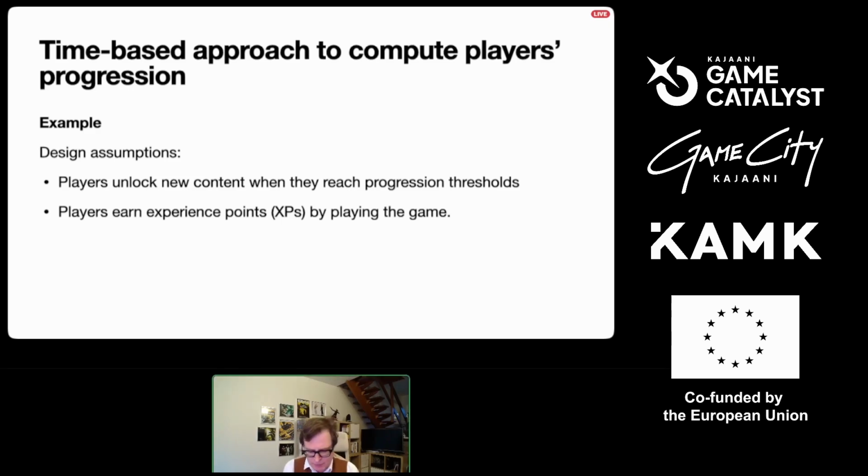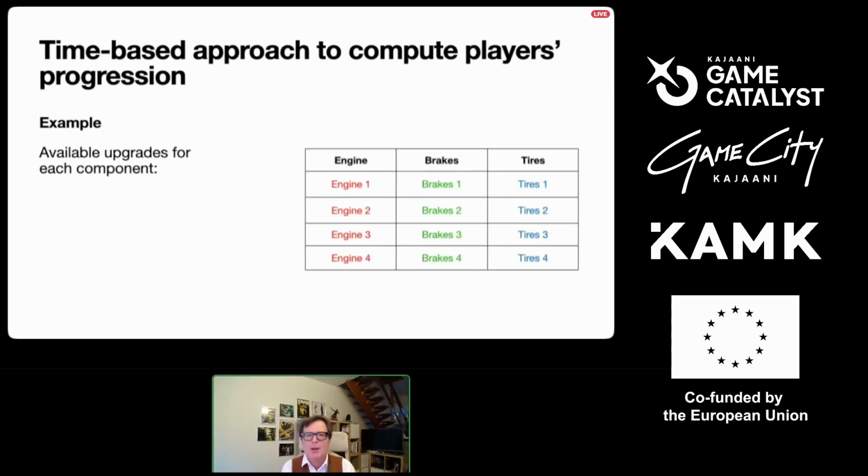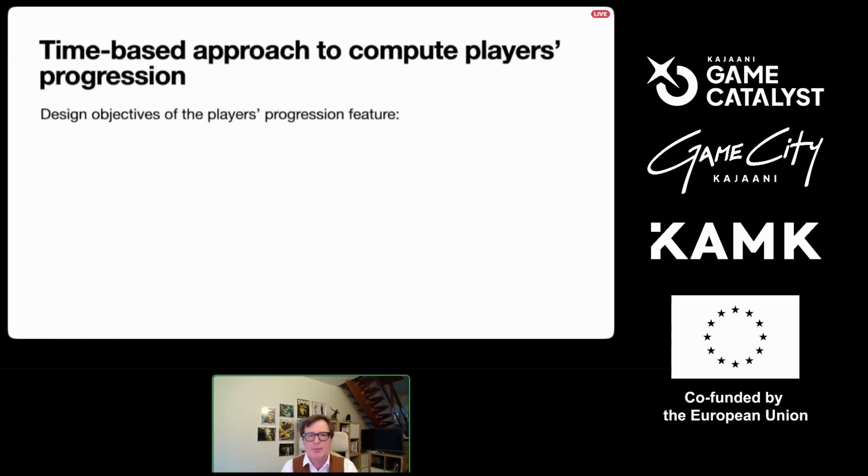Very simple, very classical. I also decide, as the designer of this hypothetical project, that each component can receive 4 upgrades that I call Engine 1, Engine 2, Engine 3, and Engine 4. Those are the upgrades, so we've got 12 upgrades in total in this very simplistic example.